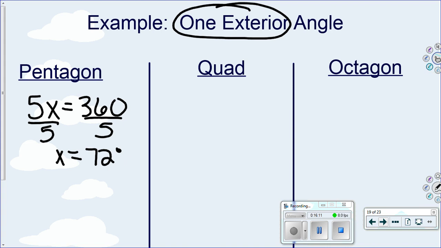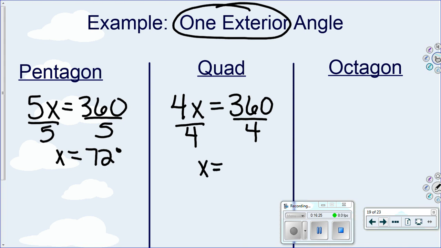For a quadrilateral, there are 4 angles, so 4 times x equals a sum of 360 degrees. I divide both by 4, x is equal to 90 degrees. That means each exterior angle in a quadrilateral is 90 degrees.